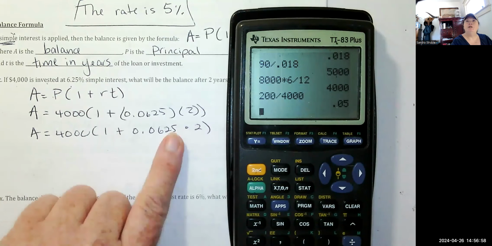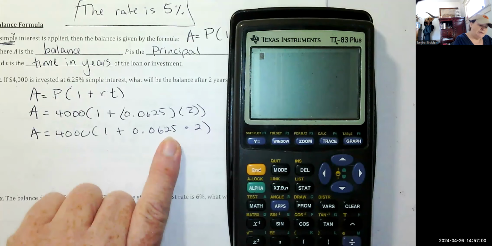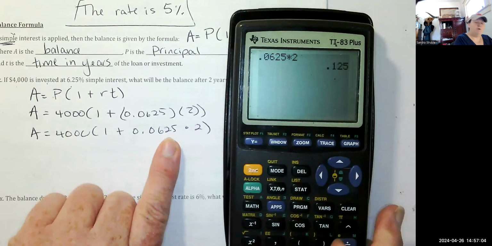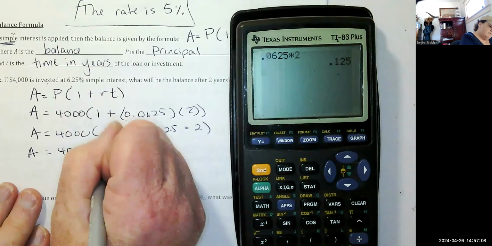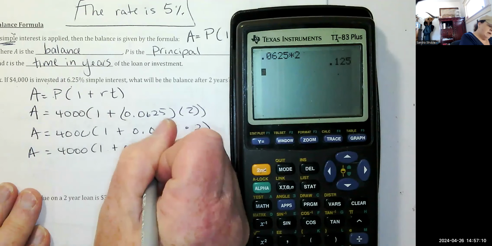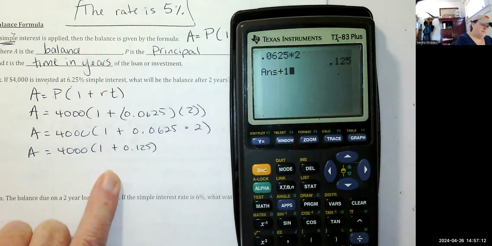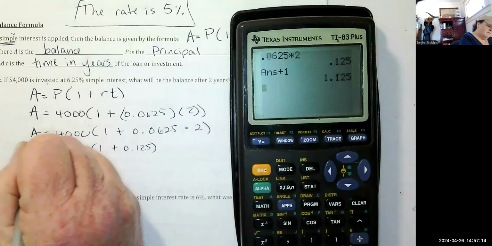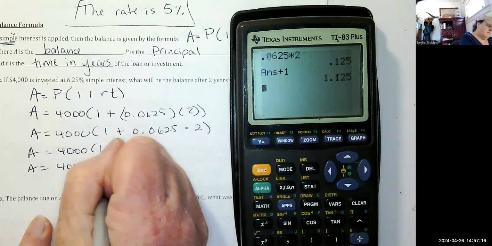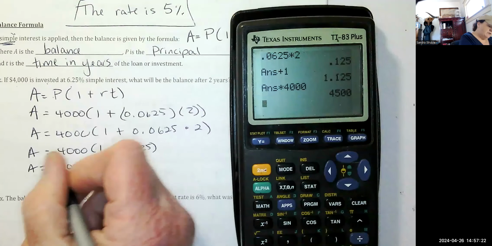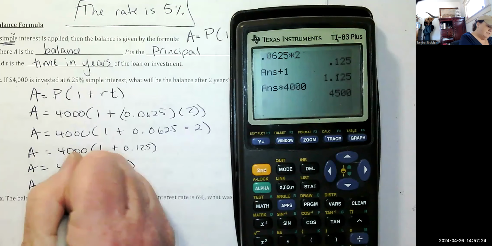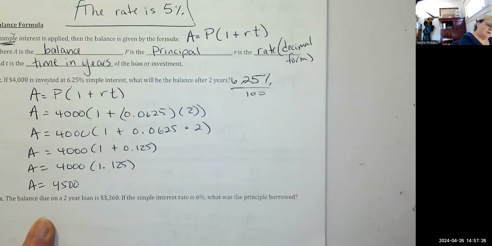Multiplication comes before addition. So I'm going to multiply the 0.0625 times 2, and I get 0.125. Now I'm going to add it to 1. Now I'm going to multiply it by 4,000. And I get 4,500. So the balance is $4,500.